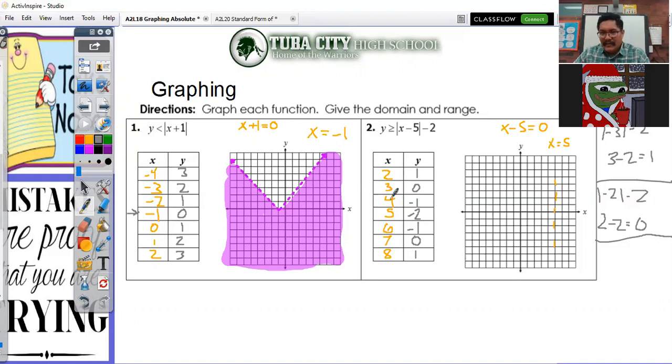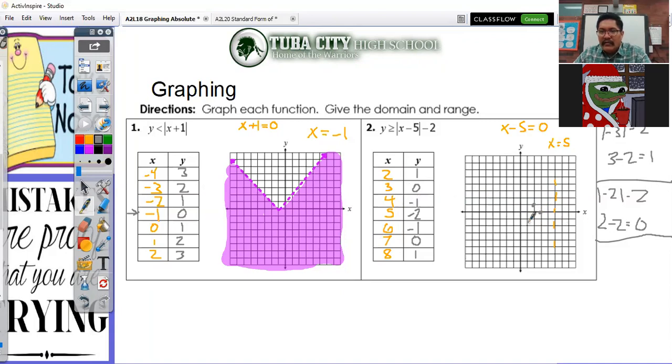Anyway, we've got to plot these points here. So over 2, up 1. 3, 0, so over 3, and we don't move up.